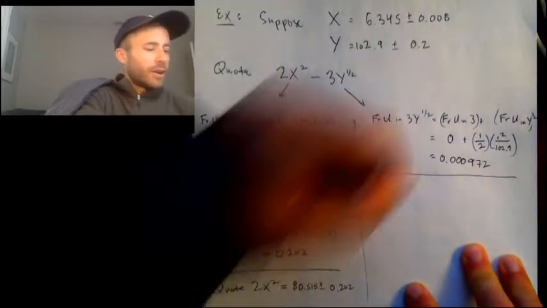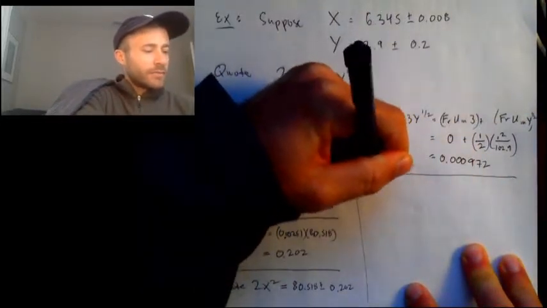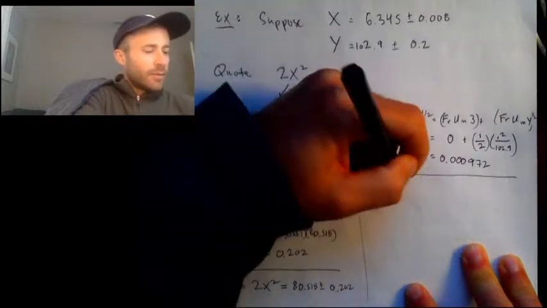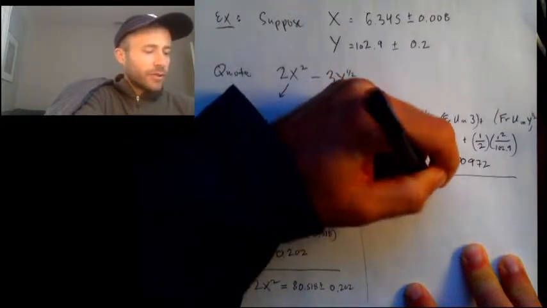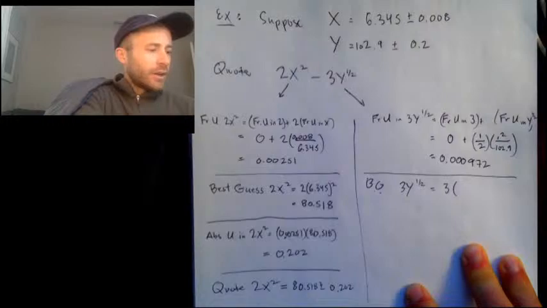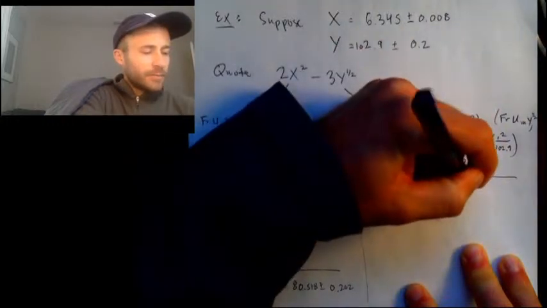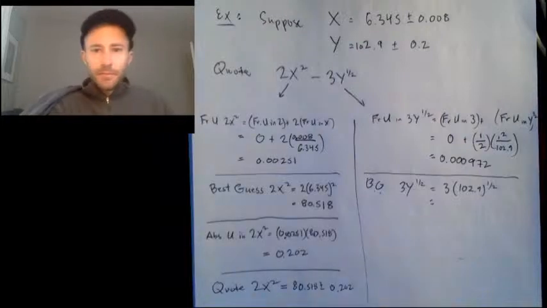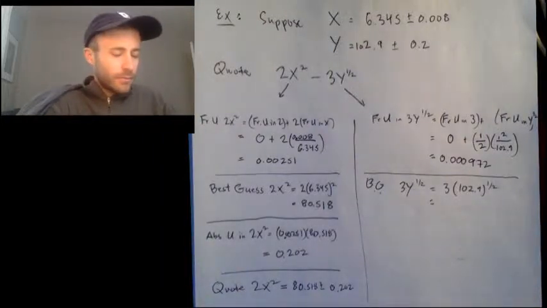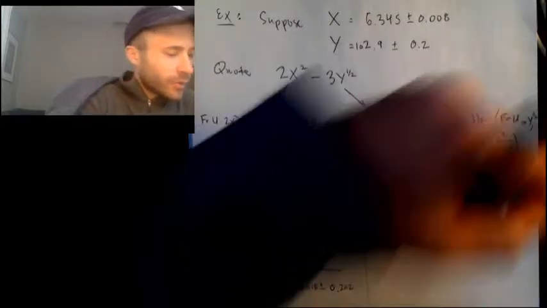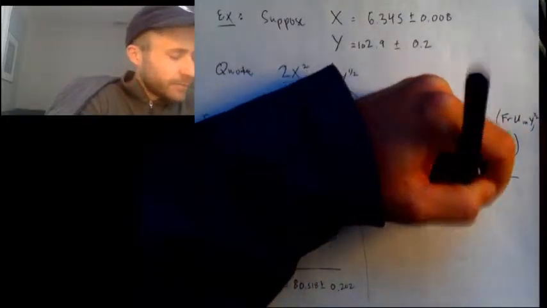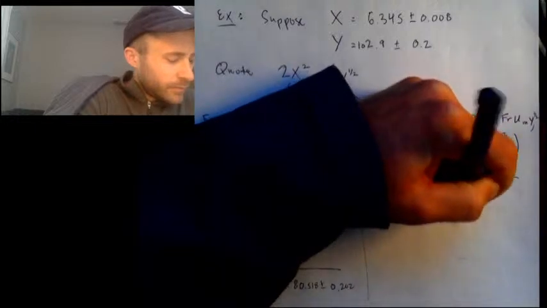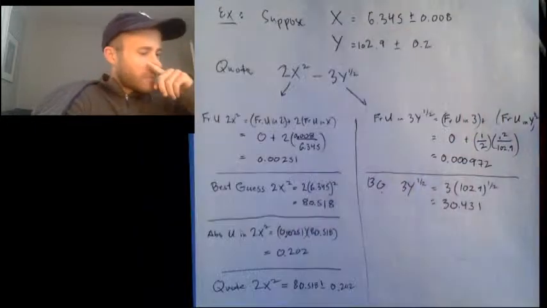Okay, so now I've got to get my best guess of 3y to the 1/2. That's going to be 3 times 102.9 to the 1/2, which is 30.431.